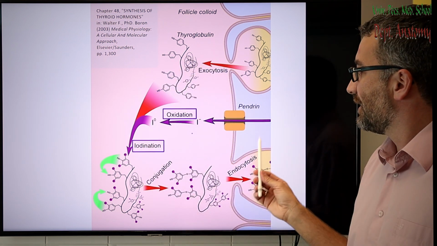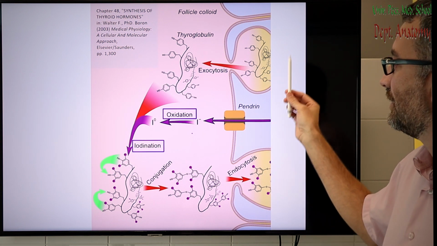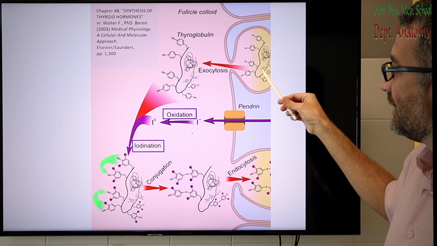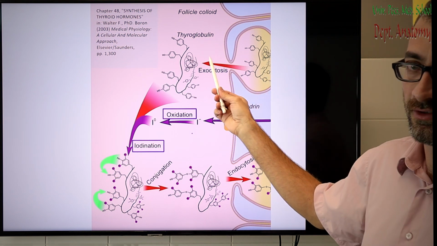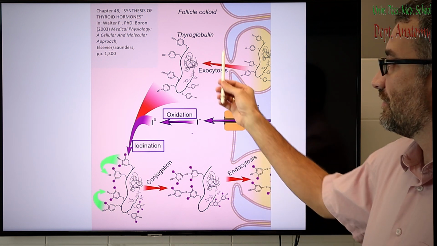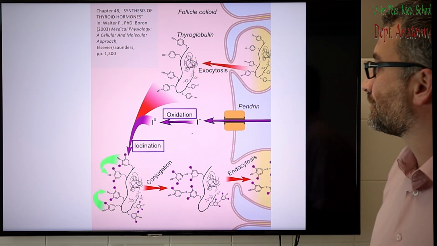What we see here is that the follicular cells will secrete through exocytosis into the colloid, into the lumen of the follicle, a protein which is called thyroglobulin.